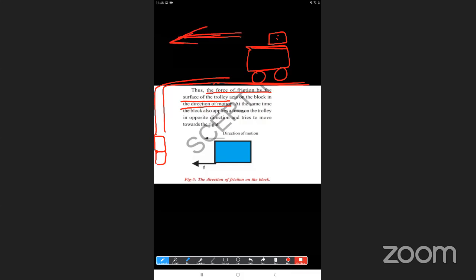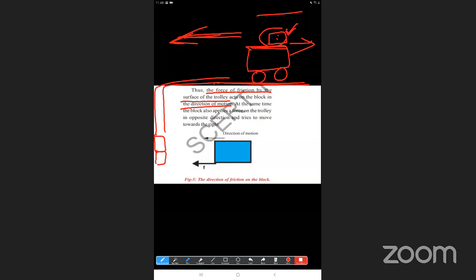In which direction the toy trolley is moving, in that direction only, the surface of the toy trolley applies a force on the block surface. Here the block also applies a force on the trolley. This wooden block also applies some force on the trolley in the same direction? No, in the opposite direction.